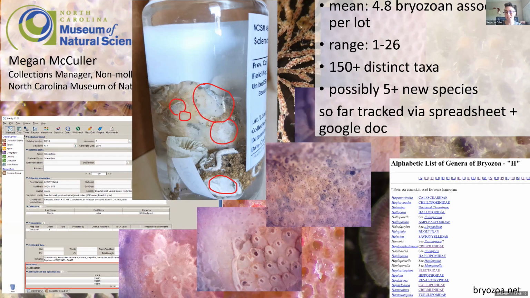And then, far off in the future, is to take information from bryozoa.net, which is sort of the resource that we use. And it's great, but it also looks like it was created in 2001. So you have to click through all these links, and they're not connected to each other. And so it's not like a database, it's coded in HTML, I'm assuming.